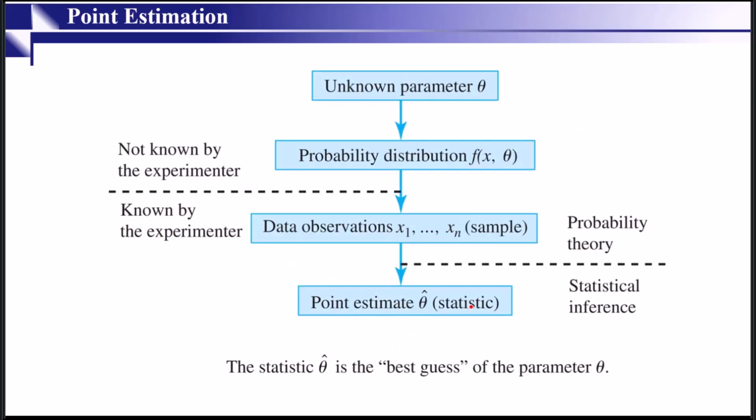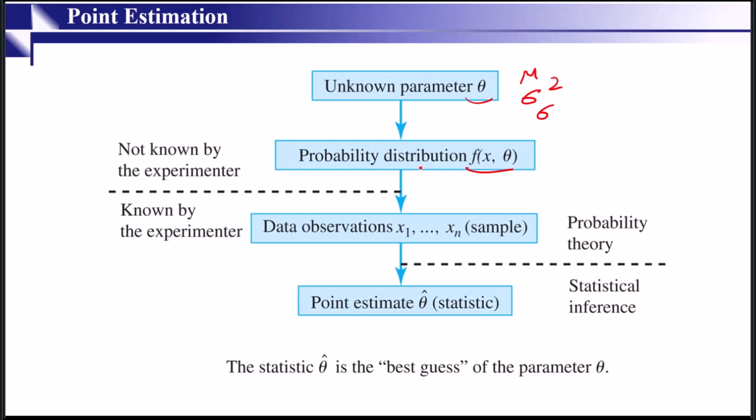Moving on, let's define our terms more formally. The unknown parameter theta that we are interested in estimating is not known. For example, it can be the mean, or the variance, or the standard deviation. It's a part of the probability distribution f(x; theta), which describes how our data behaves.